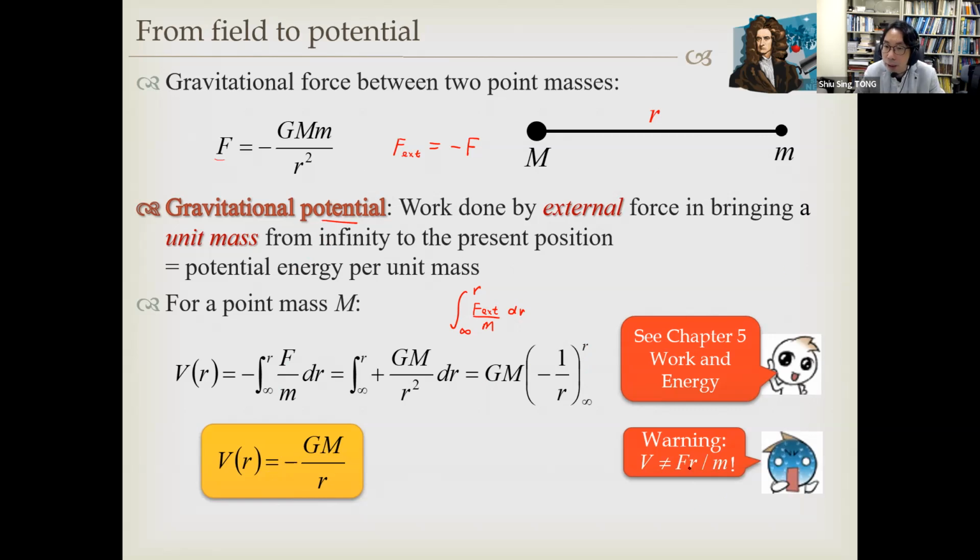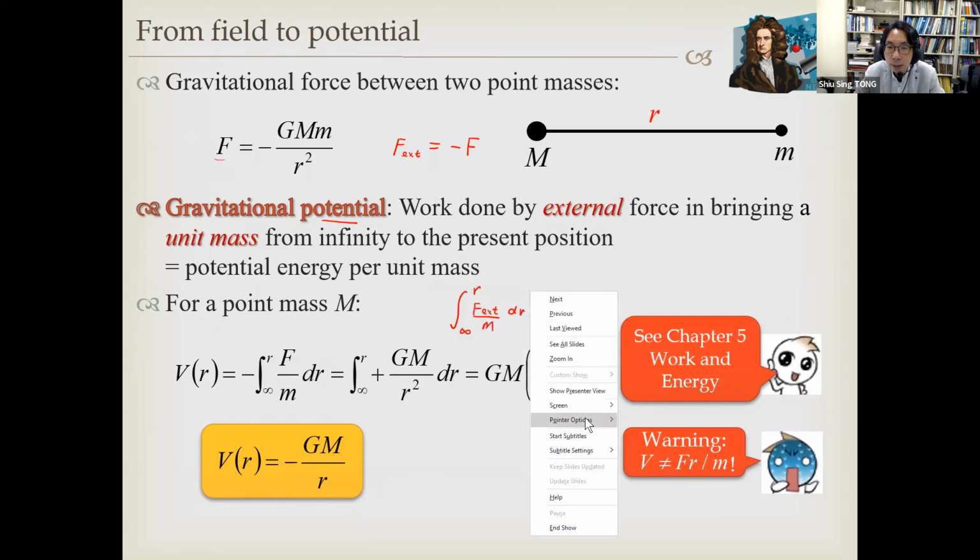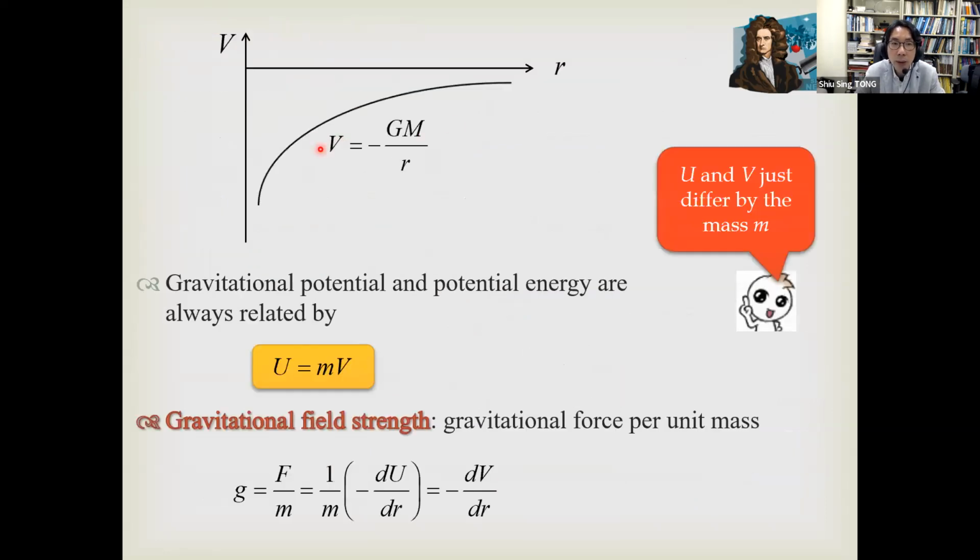Again, a word of warning: don't just multiply the force by the final position r to get the potential. It's not correct. You have to rely on integration. So this is the gravitational potential. Now I'm calculating the work done per unit mass.